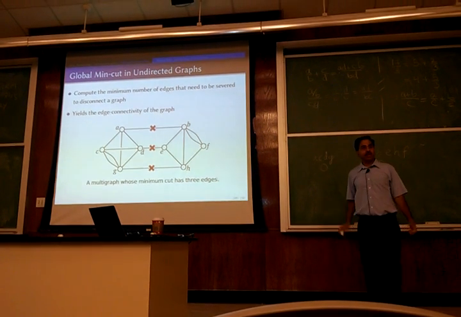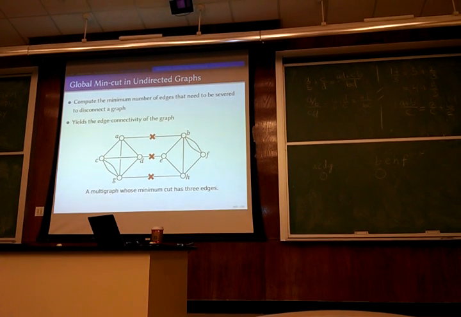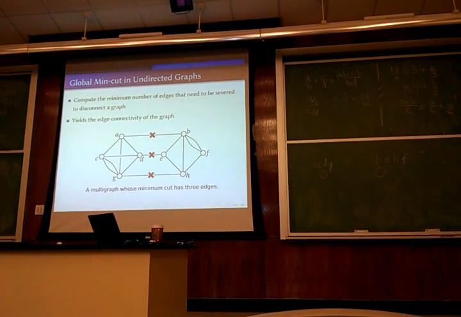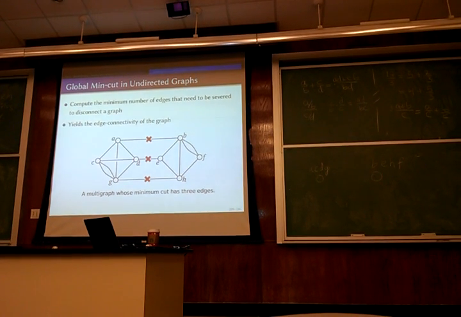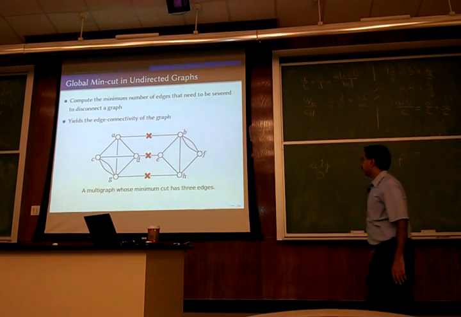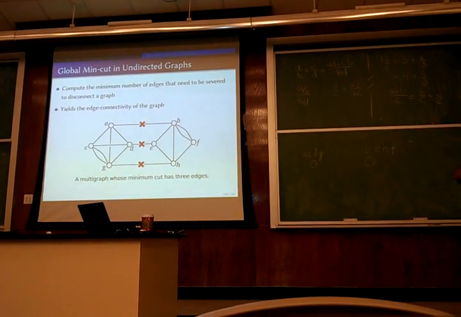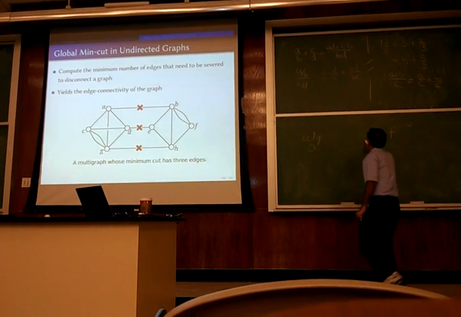Now, when you collapse, although you are allowing multiple edges between the same nodes, you don't have self loops. But the three edges that are marked here in red, the cut set here, go from here to here.